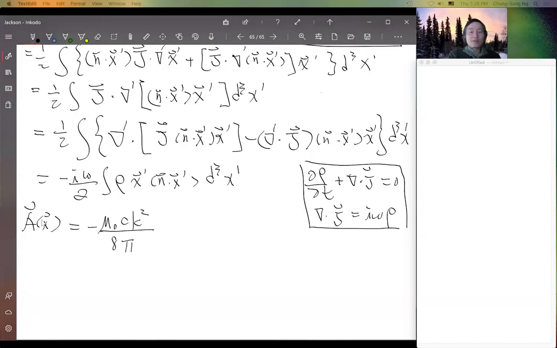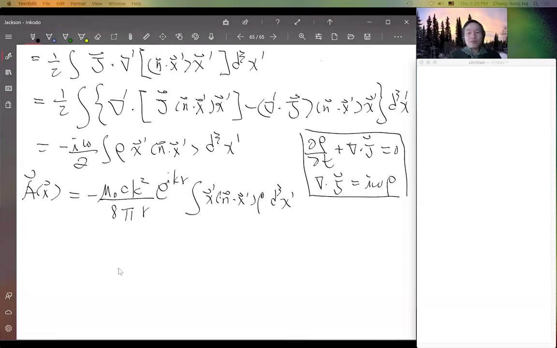But anyway, this should be the correct expression. And now the integration is over this one. So you have x_i, n dot x_i, charge density, x_i. Okay, so this is this one, and the rest is combining the rest of the coefficients and getting this one. Okay, so this is the equation to calculate A. So that's kind of simple enough.